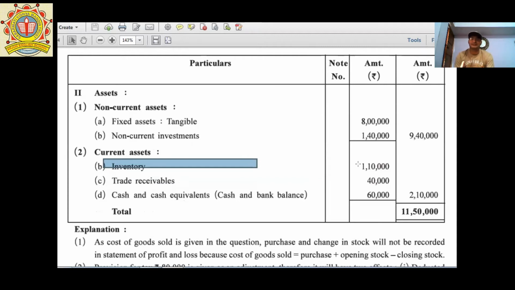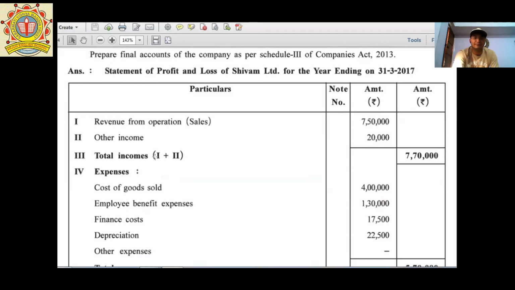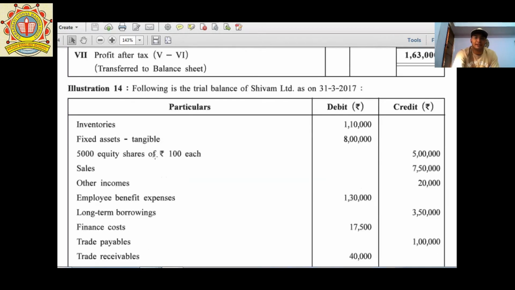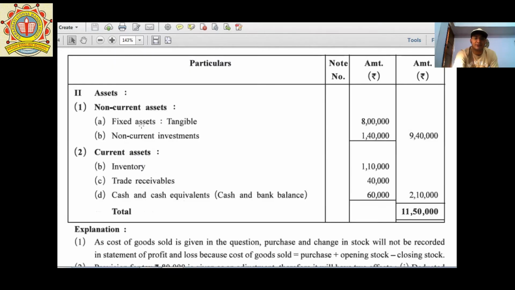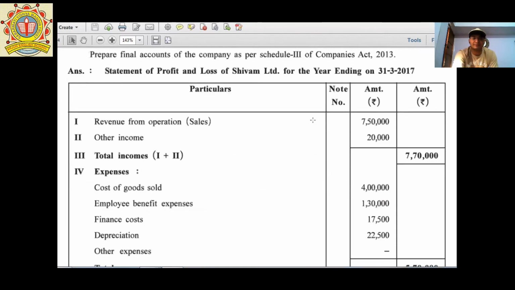So there is only a single entry for each transaction. So the debit balance we have recorded under the heading of current assets, inventory, for 1,10,000. Got it? Then fixed assets. Under fixed assets there are tangible assets of 8 lakh rupees. So in the balance sheet asset side, fixed assets show the tangible assets for 8 lakh rupees.